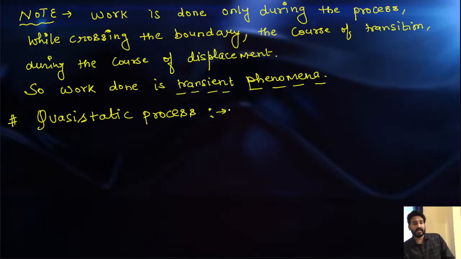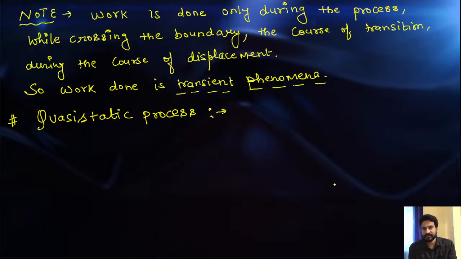Let's understand this. What is the meaning of quasi-static process? In thermodynamics, quasi-static process means the process that is happening infinitely slowly. The process is happening in infinitely small steps.